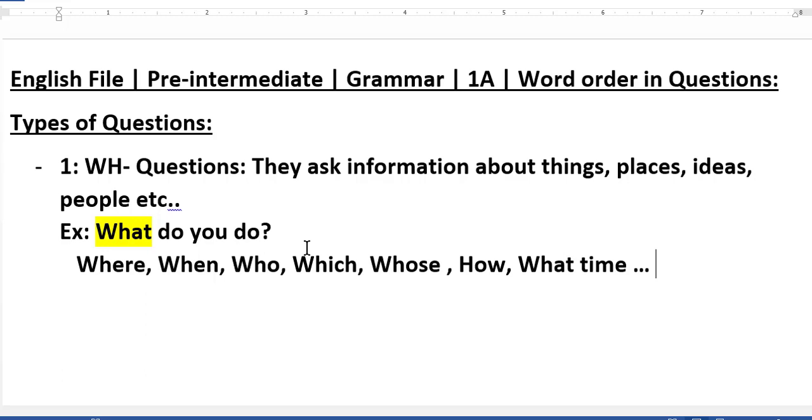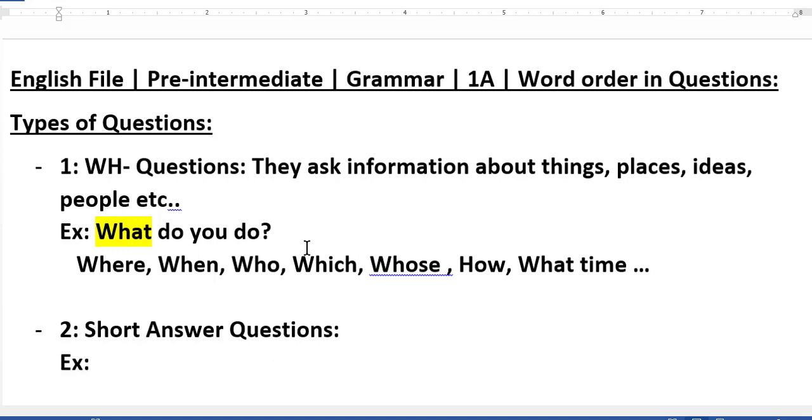There are many types of WH questions. So next, the second type is short answer questions. That means their answer is usually short. Their answer is short.